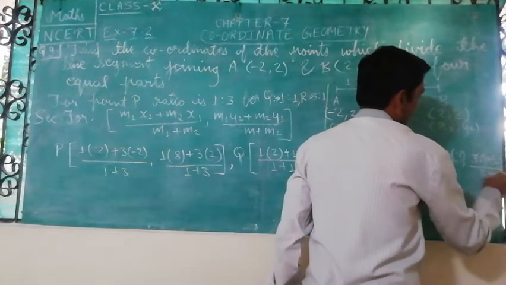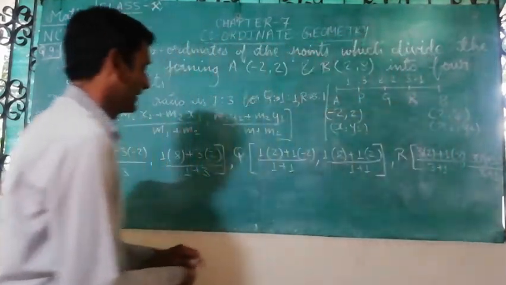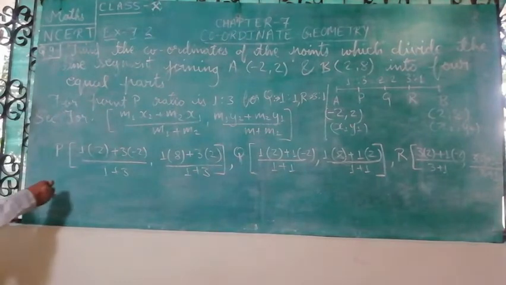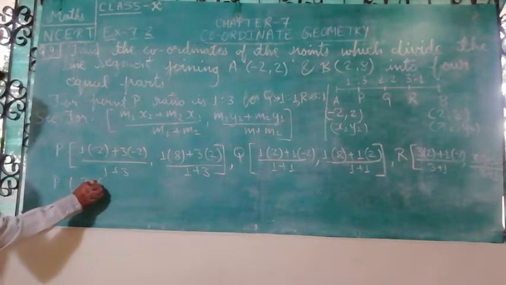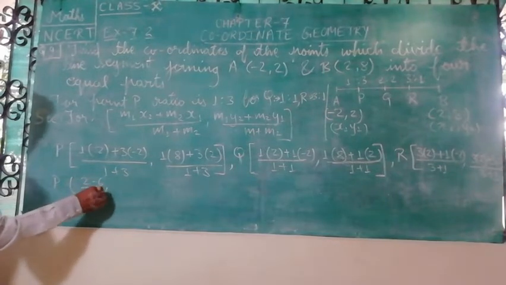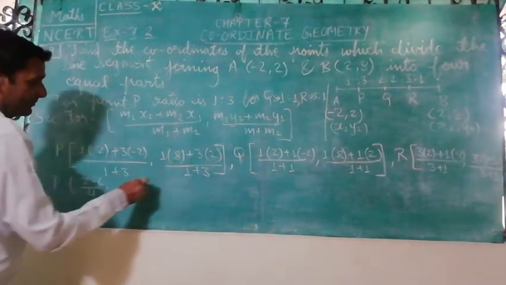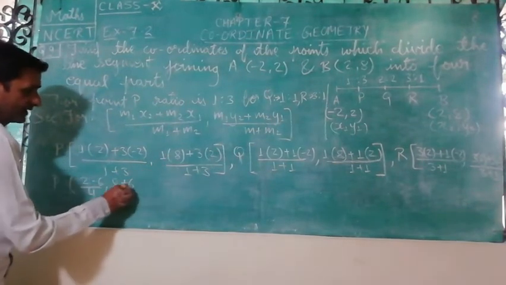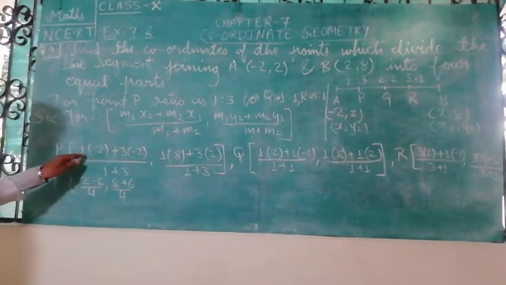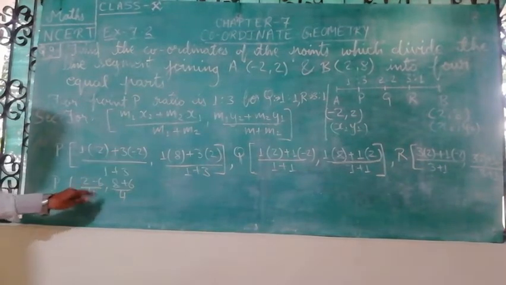So this will become, see, coordinates of P will be 2 minus 6 upon 4, comma 8 plus 6 upon 4. Here it is 2 minus 6, 3 into minus 2 is minus 6.